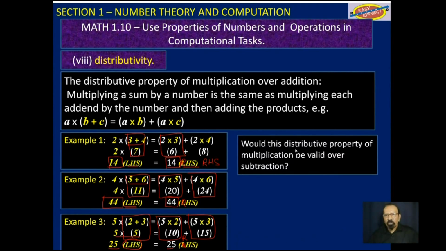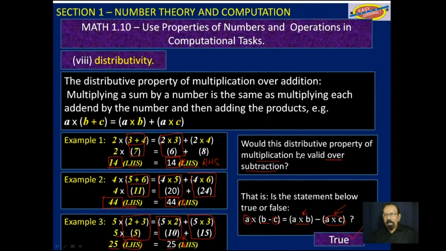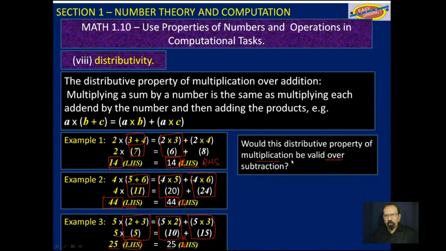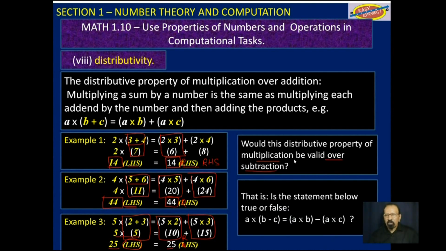Would this distributive property of multiplication be valid over subtraction? For example, if you are subtracting C from B and you then multiply the answer by A, would that work if you multiply A by B first, then multiply A by C next, and subtract this second answer from the first one?